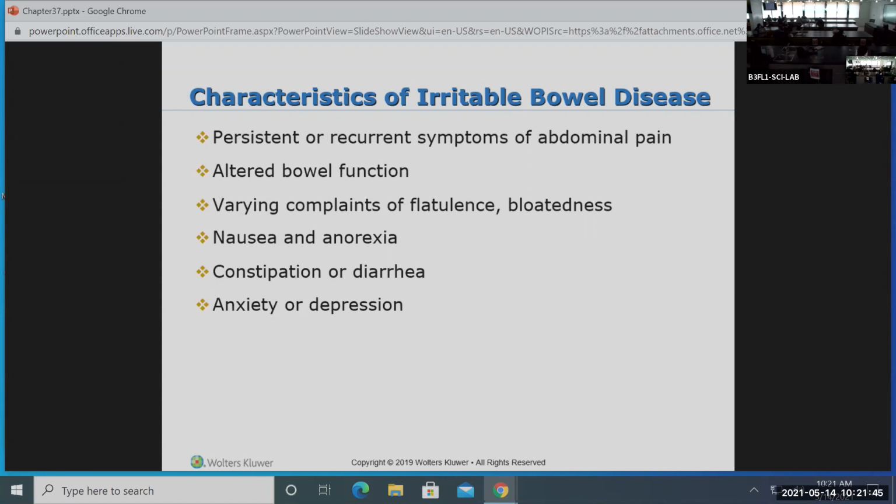Varying complaints of flatulence, bloatedness, nausea, and anorexia. History of constipation or diarrhea. Patients sometimes give a history of anxiety and depression.